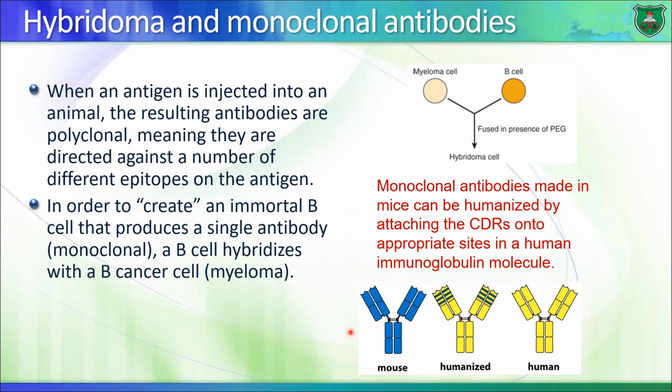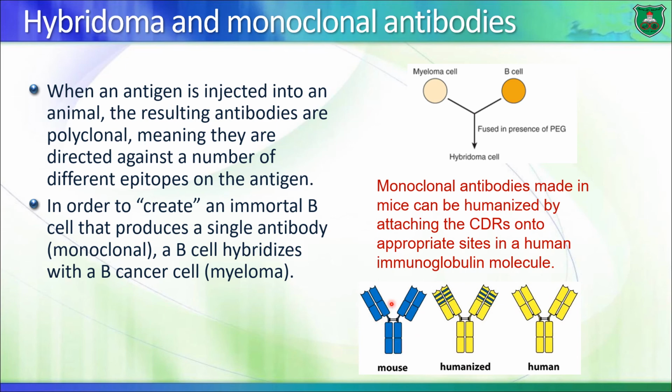Now, it's really hard to produce monoclonal antibodies in humans. I mean, it's unethical to inject a human with a virus and collect antibodies from this person. So what scientists have done is that they have created humanized antibodies by, for example, injecting an antigen into a mouse.